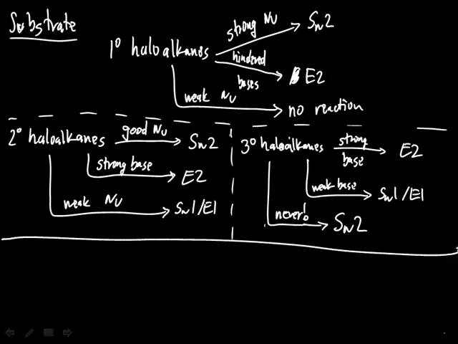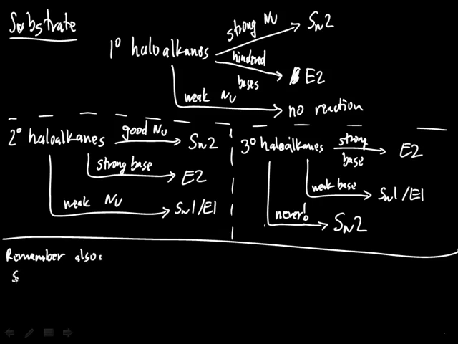And finally, before we finish, we also need to remember a couple of other points, and that is solvent. So for SN1 and E1 reactions, we want polar protic solvent that will stabilize the cations. For SN2 and E2 reactions, we would prefer polar aprotic solvent.